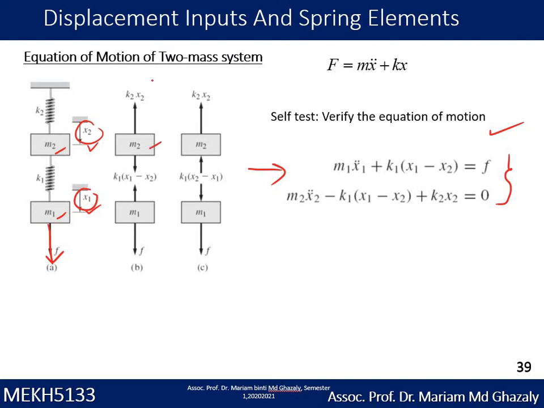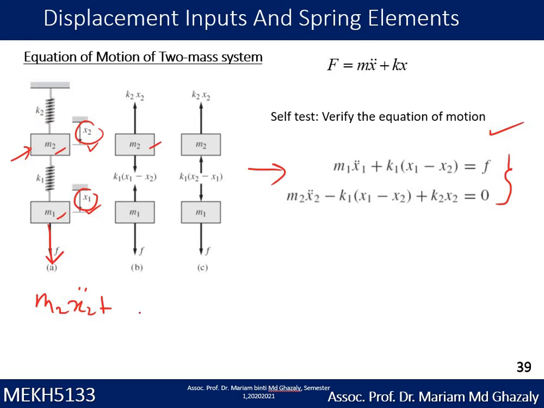On this mass M2, I like to look at this diagram; it's easier to do the equation of motion. So M2 x2 double dot plus what else is connected to M2?